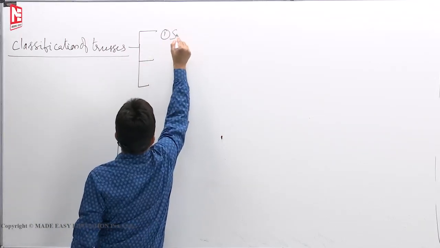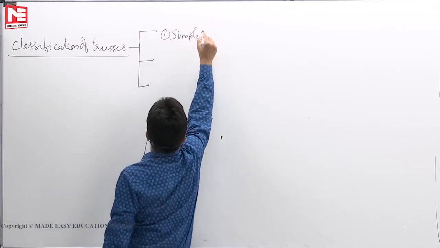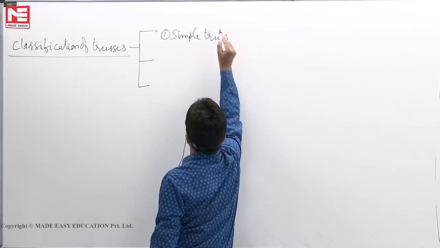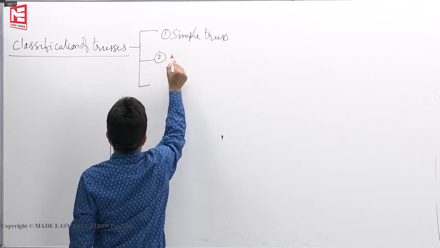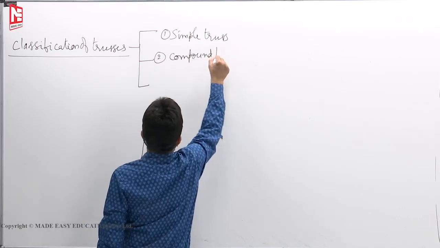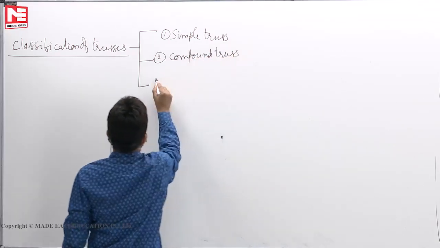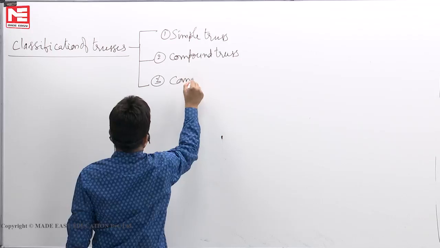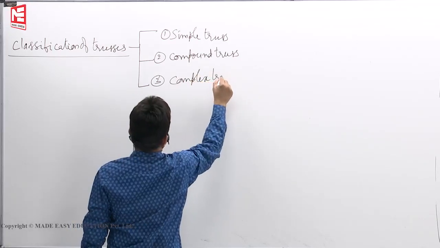First one is simple truss. Second type of classification is compound truss. Third is complex truss.